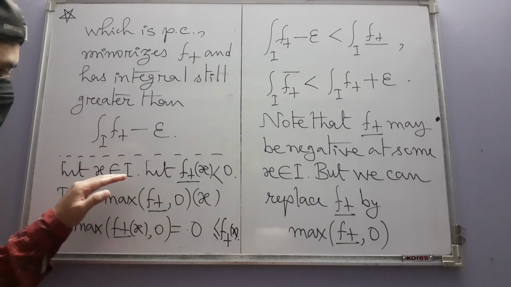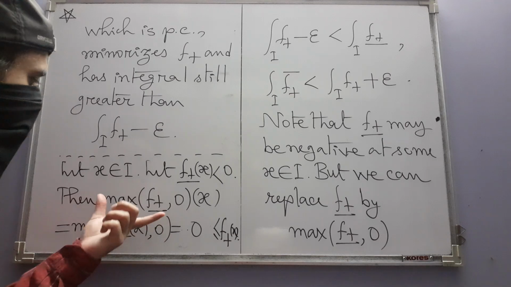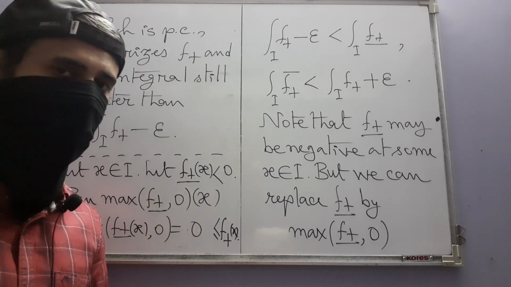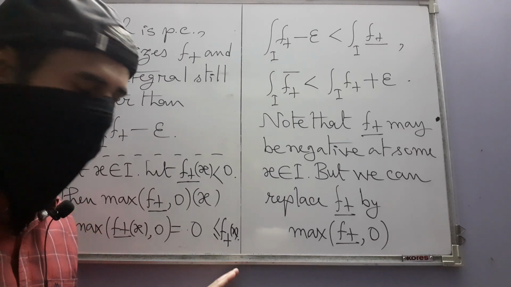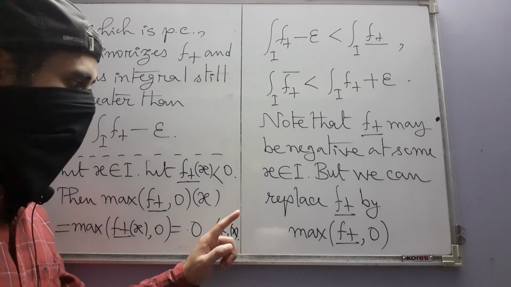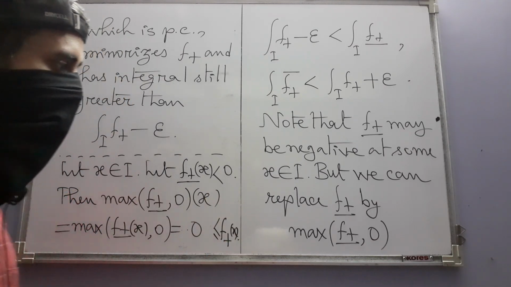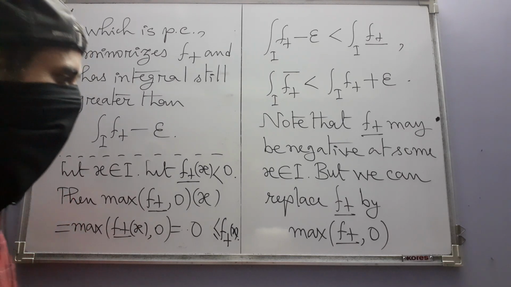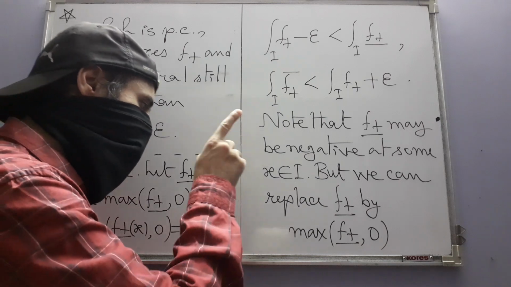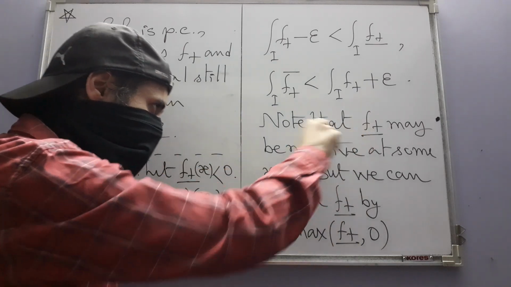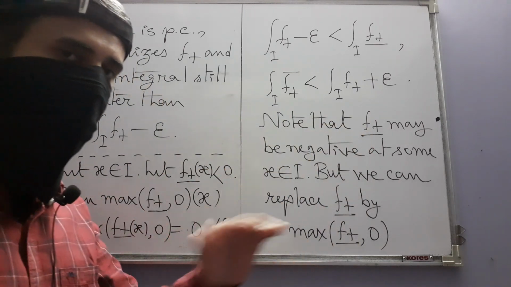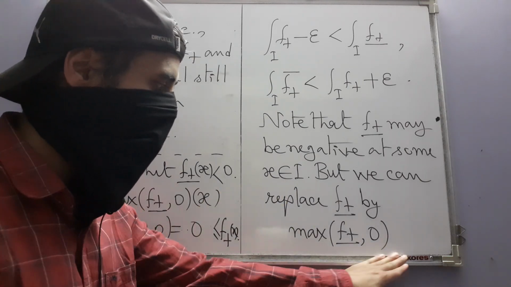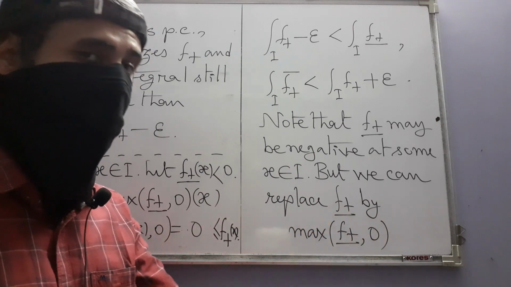So you see that no matter what your x is, just like the original f plus underscore, this max also minorizes f plus. But why are we choosing max? Because max, besides being PC and minorizing f plus, is also non-negative, not like f plus underscore, which has a possibility of being negative at some places. This one is non-negative because it's the max of another function and 0.